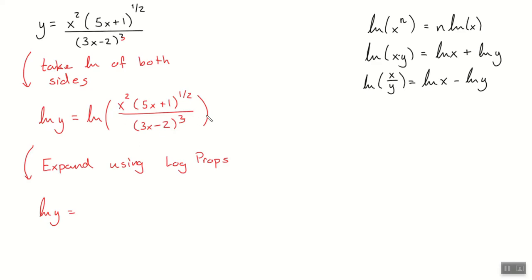Okay. When we look at this, we're going to do a bunch of expanding. The fact that I see a division says I'm going to do what between the logarithms? So let's look at it, and we're going to go step by step here. You may be able to do it all in one line of work, and if that's you, I'm cool with it. But for now, we're not going to. So I'm going to have a subtraction right off the bat. What is the first thing that I'm going to write?